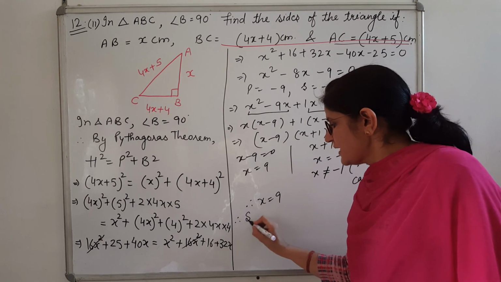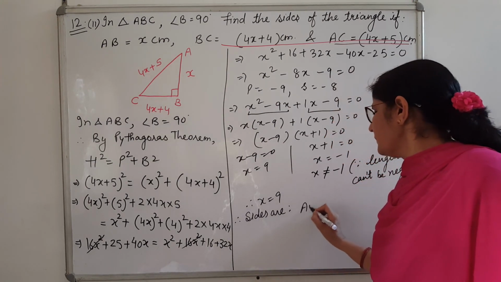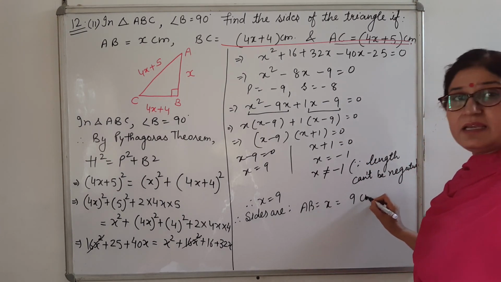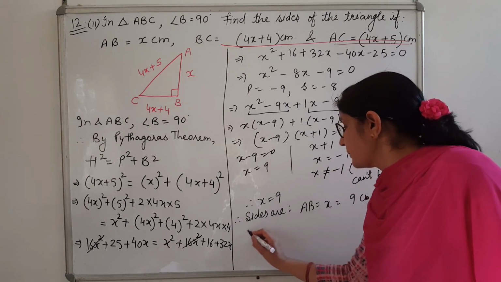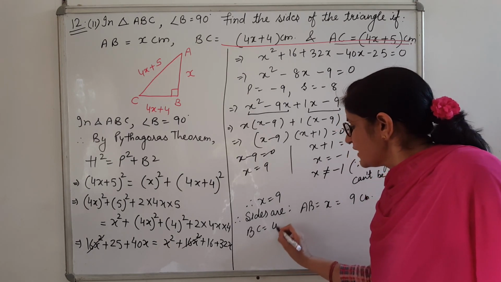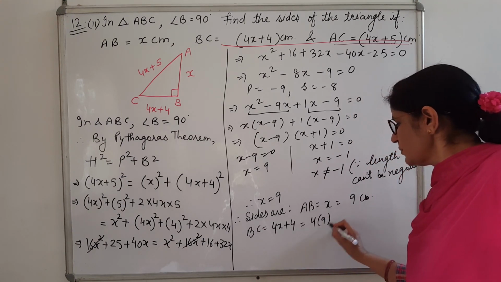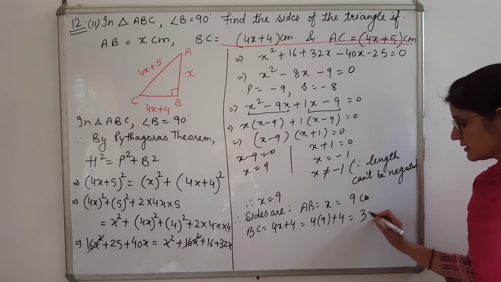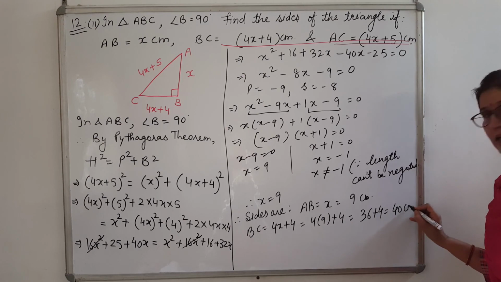Therefore, the sides are AB equals x equals 9 centimeter. What is BC? Equals 4x plus 4, means 4 into 9 plus 4. 4 nines are 36 plus 4, 40 centimeter.